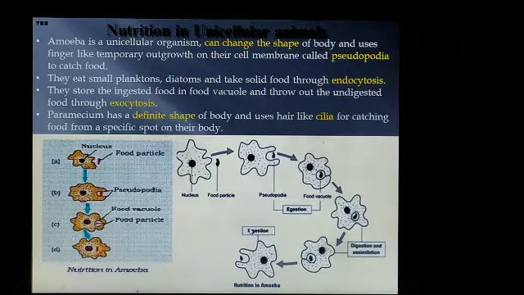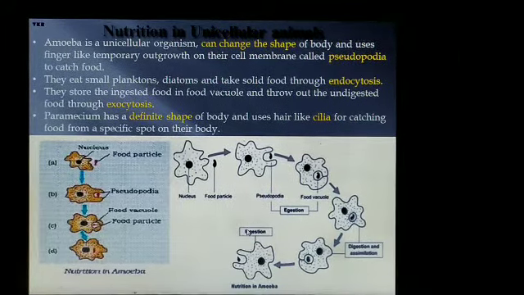So in this way we can say there is no difference in the steps of holozoic nutrition even in a unicellular organism. In contrast, paramecium is also a unicellular organism, but the difference is that it has a definite shape. Since it has a definite shape, it has a fixed, specific spot for this nutrition mechanism.